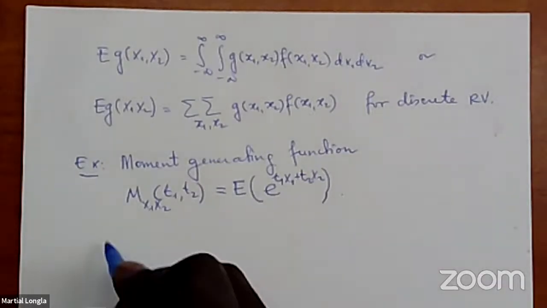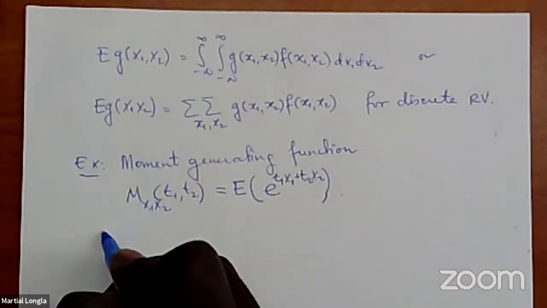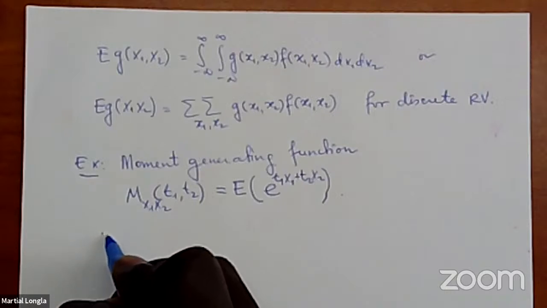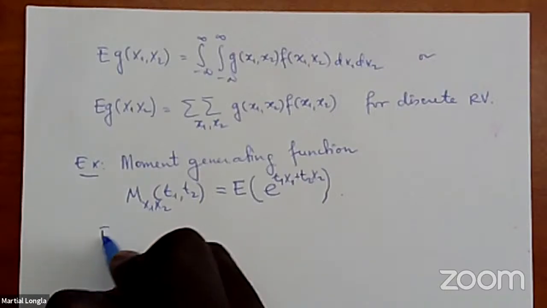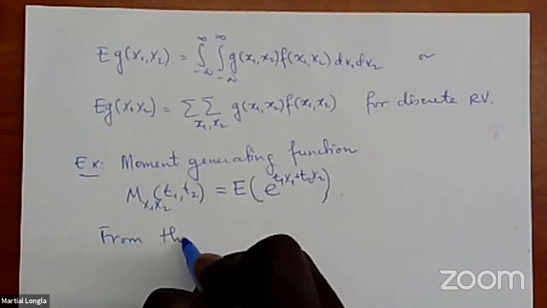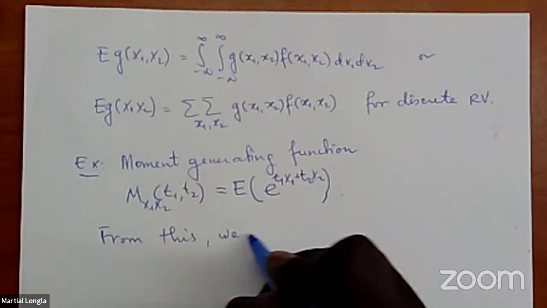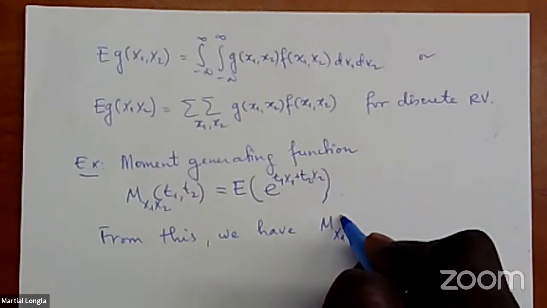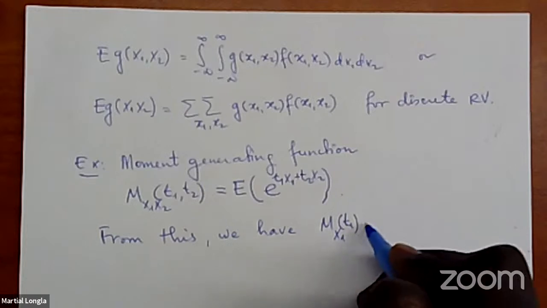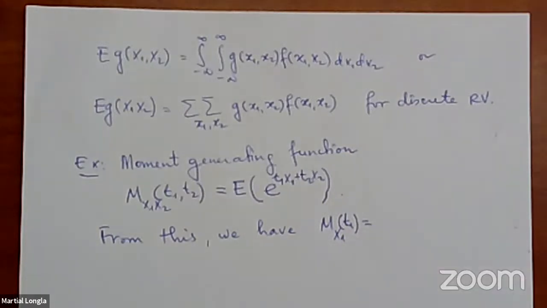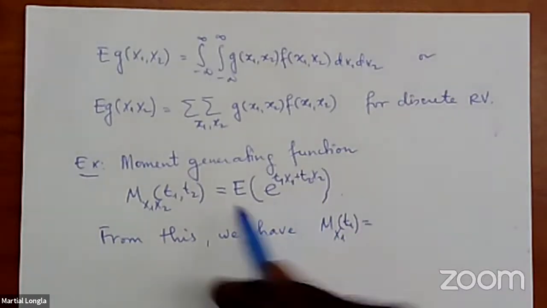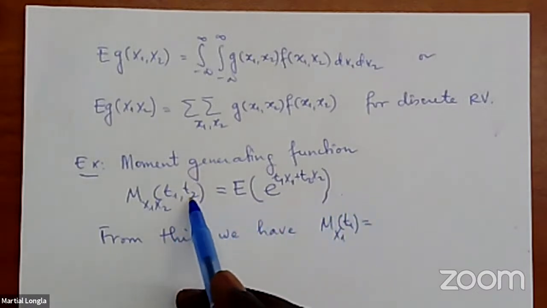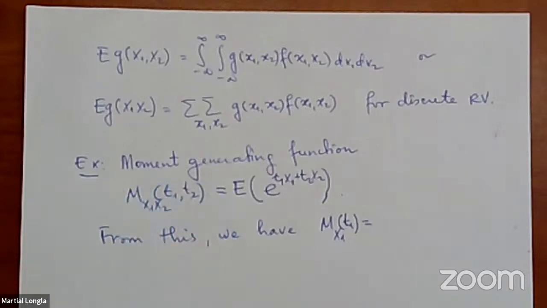From this, you can find the moment generating function of x1 and x2 separately. If you're just looking for the moment generating function of x1, it will be the same as plugging in here t2 equals 0. So if you already have the joint moment generating function, you don't need to write a formula and compute again.